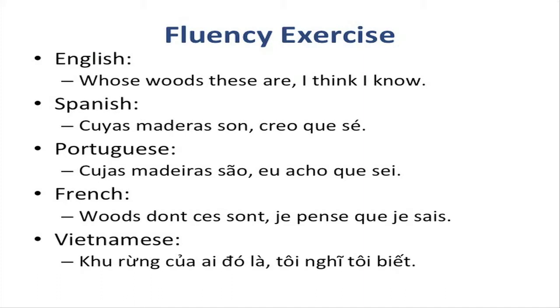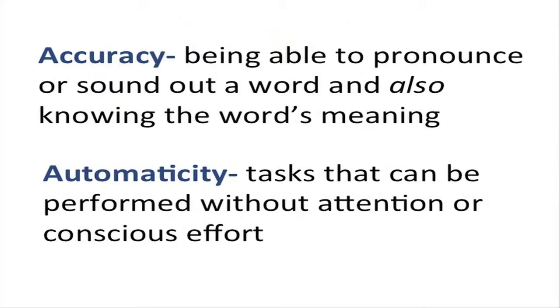When developing prosody, students need to both see and hear models of spoken and written English. They also need to be actively engaged in listening, speaking, reading, and writing skills to support subject area knowledge in ways that might help them internalize the way English sounds and the cues we use to make relevant distinctions in oral language. Two features of fluency that go hand in hand are accuracy and automaticity.